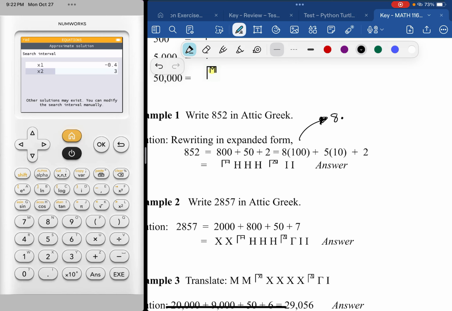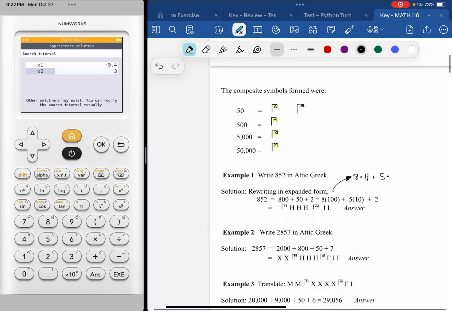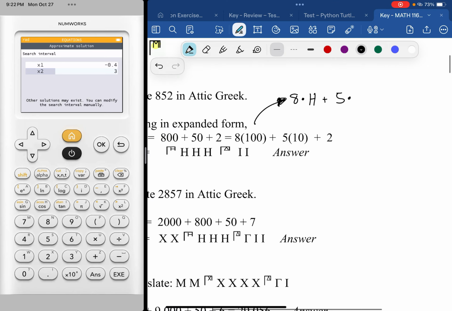I'll use my little multiplication. 8 of my etas. It's kind of fun to say. 5, and the symbol that I'm using there is a delta. 5 of the deltas, plus 2 of the iotas. Right. So really just ones. They get little tiny horizontals to represent the iota. All right.